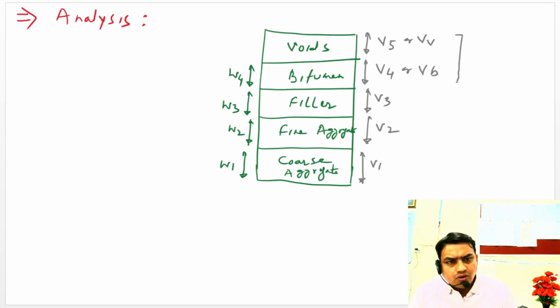The sum of volume of voids and volume of bitumen is called voids mineral aggregate. I will discuss what is voids mineral aggregate.